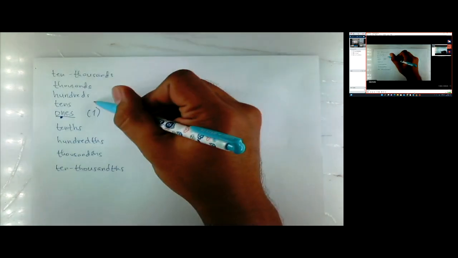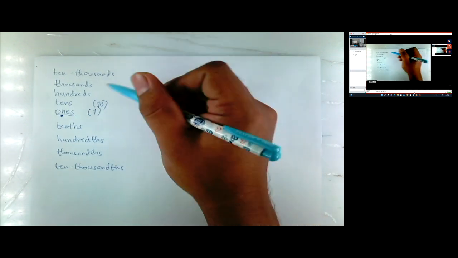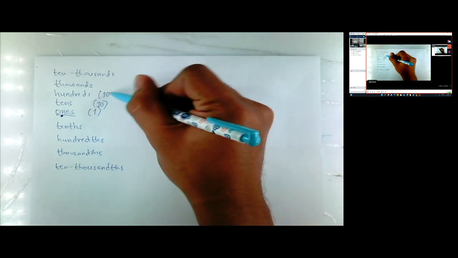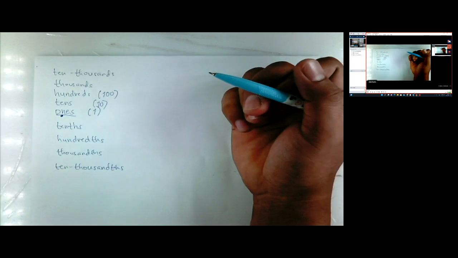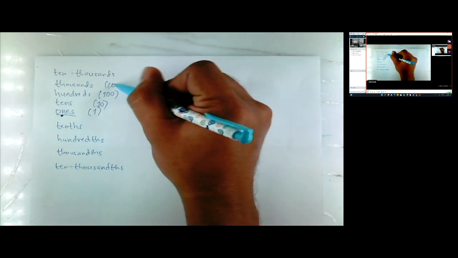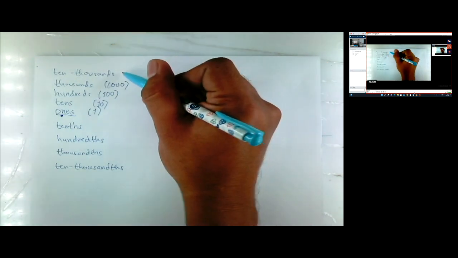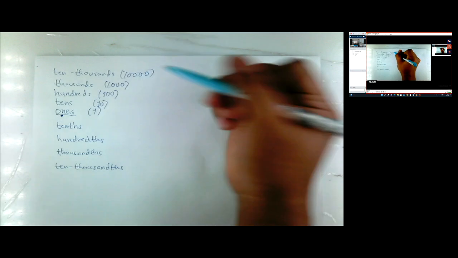When we talk about tens, the number is multiplied by 10. Hundreds, the number is multiplied by 100. Thousands, the number is multiplied by 1,000. And ten thousands is, of course, multiplied by 10,000.